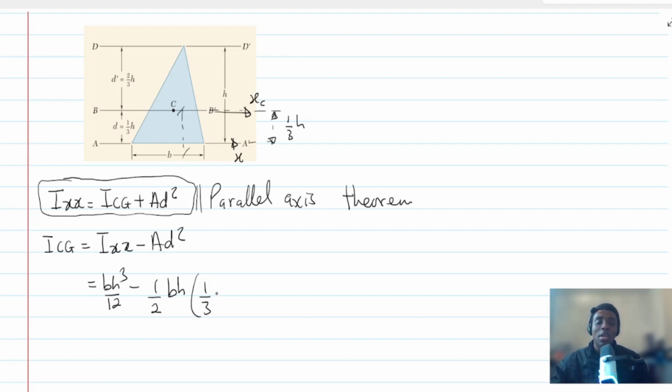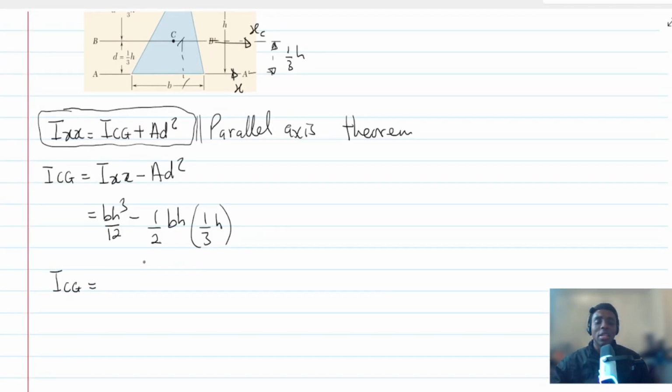So multiply by h. Now if I do this, what am I getting? ICG is nothing but bh cubed over 12 minus bh squared divided by 6.